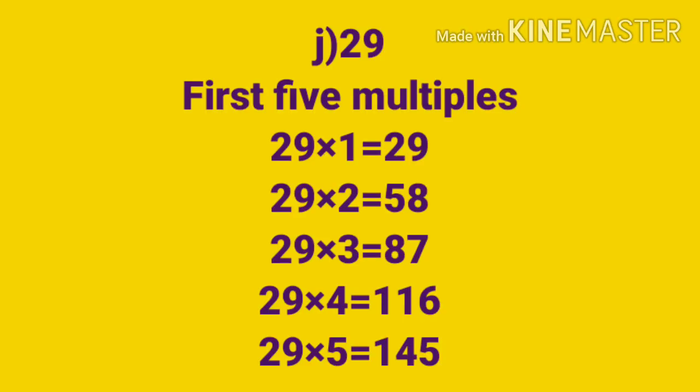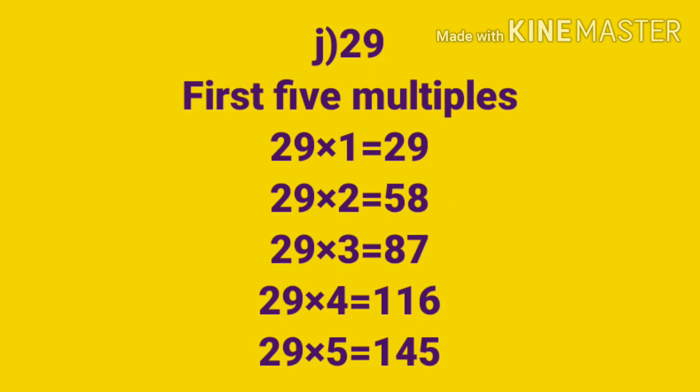Next example, 29. So multiply 29 by 1, we get 29. 29 multiplied by 2, we get 58. 29 multiplied by 3, we get 87. 29 multiplied by 4, we get 116. 29 multiplied by 5, we get 145.